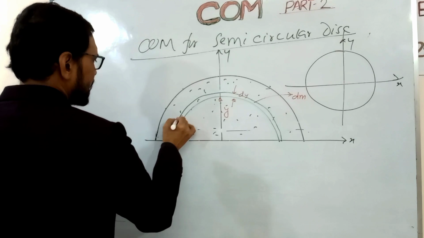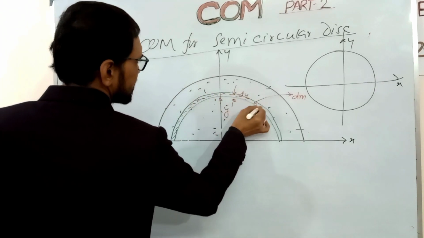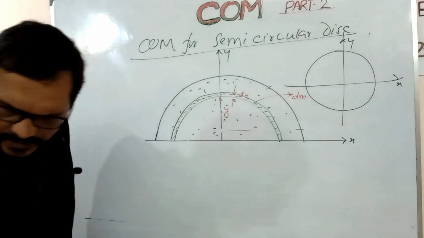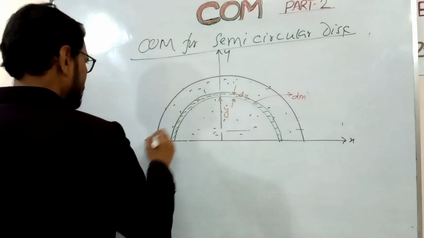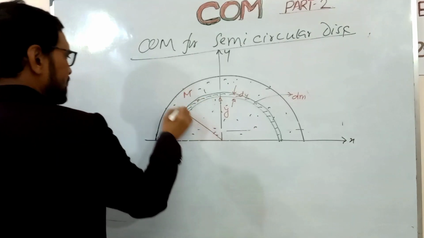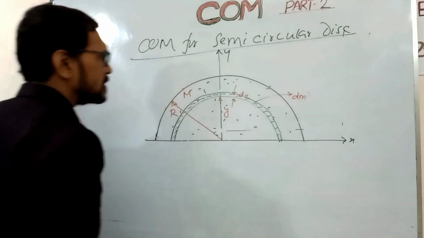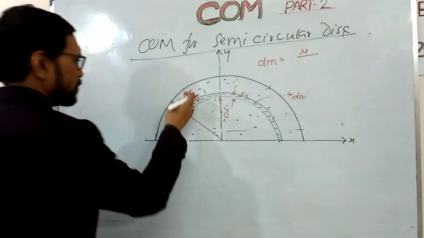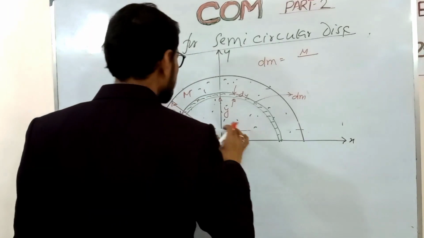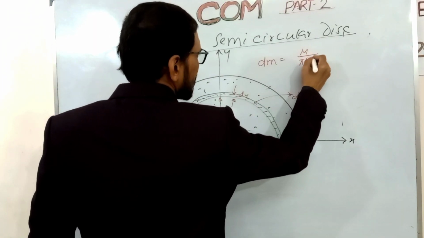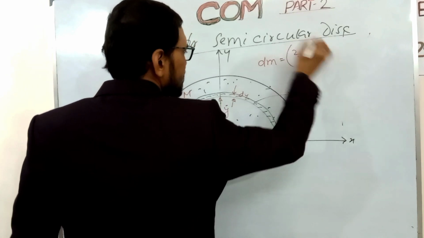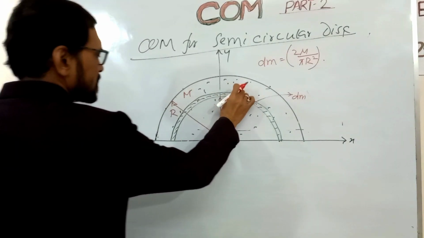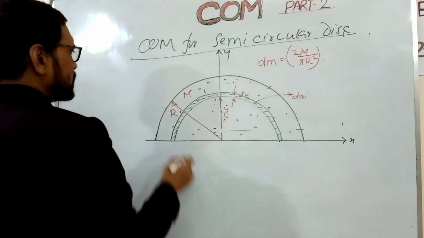To find the mass of the elementary ring: the mass of the disc is m and the radius is r. This is given. So dm equals mass per unit area times area. What is mass per unit area? M by pi r square by 2, because the area is pi r square by 2. Now what is the area of this elementary semicircular ring?